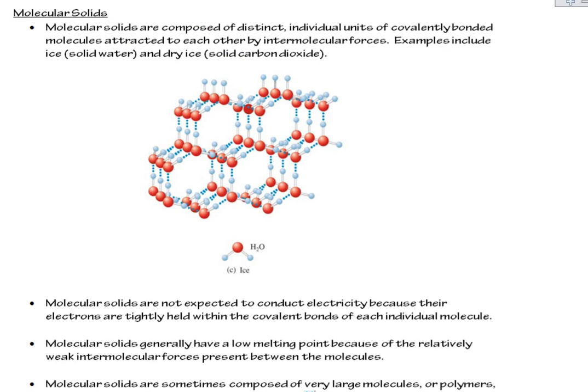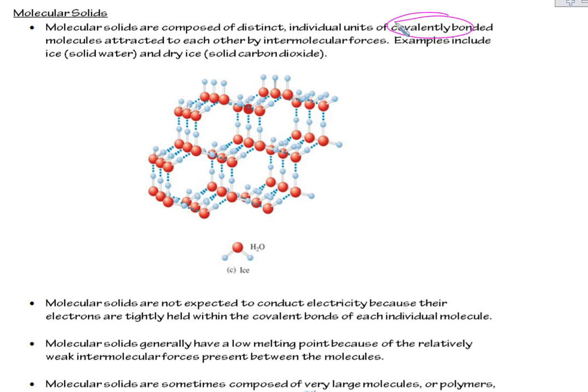Another type of solid that we want to look at are molecular solids. Obviously if I see that this is a molecular solid, I'm thinking that these solids are composed of molecules, individual molecules. And that makes me think covalent compounds. Covalent compounds exist as separate molecules.